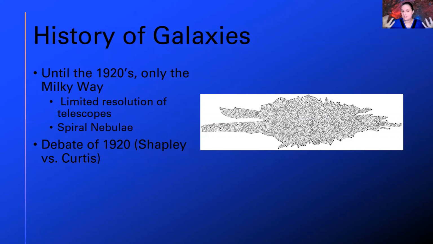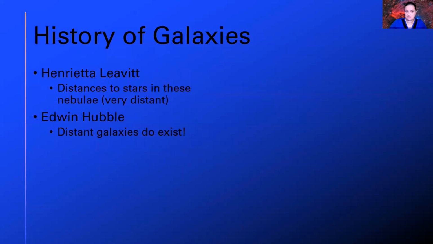So Shapley and Curtis had a huge scientific debate about whether or not these were own island universes in themselves, or they were just part of our own galaxy. Ultimately, the debate wasn't really decided until the late 1920s when Edwin Hubble came into the picture. And he was able to find out the distances to these vast galaxies.